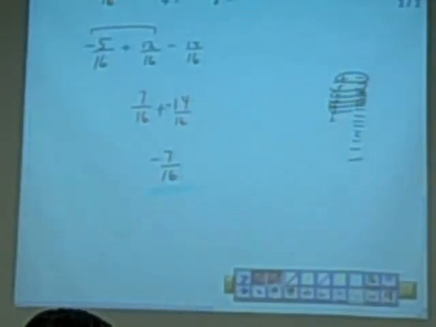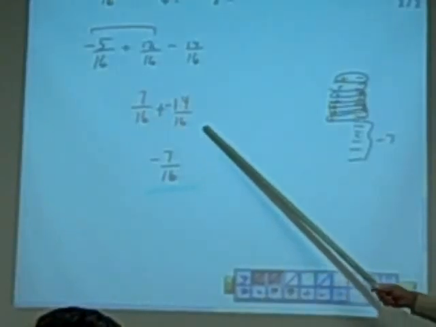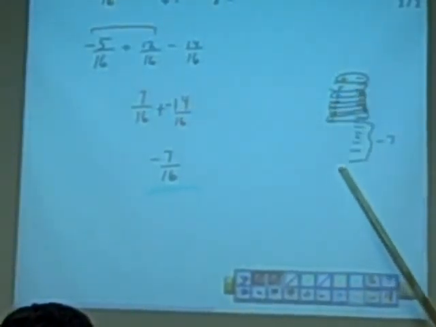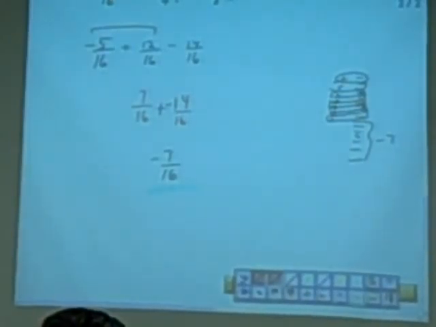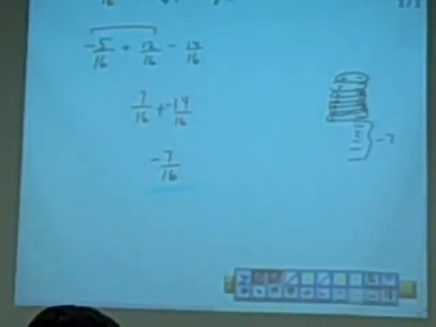And you just keep right on going all the way down. And what you're going to have left is 7 negatives left. Okay? You've got more negatives than you have positives, so that's why you're going to end up with a negative. Alright? Any other questions there?